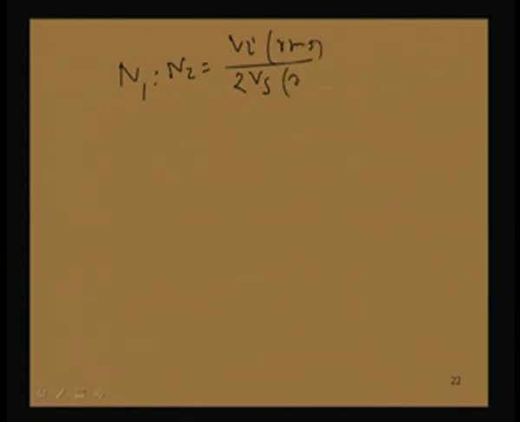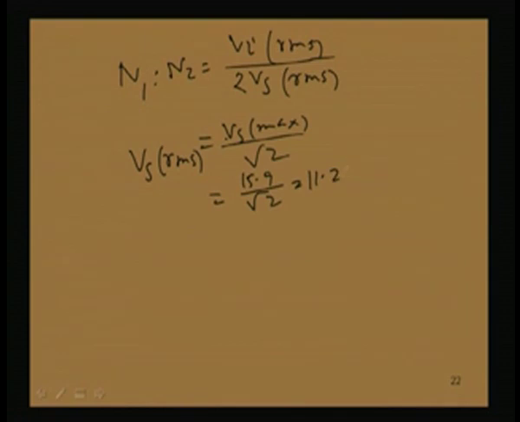So, let us take the RMS value, both of them must be in conformity. Now, this Vs max we know. So, what will be Vs RMS? Peak value by root 2 is RMS value. Vs max we have found out 15.9 by root 2, that is 11.24 volt.